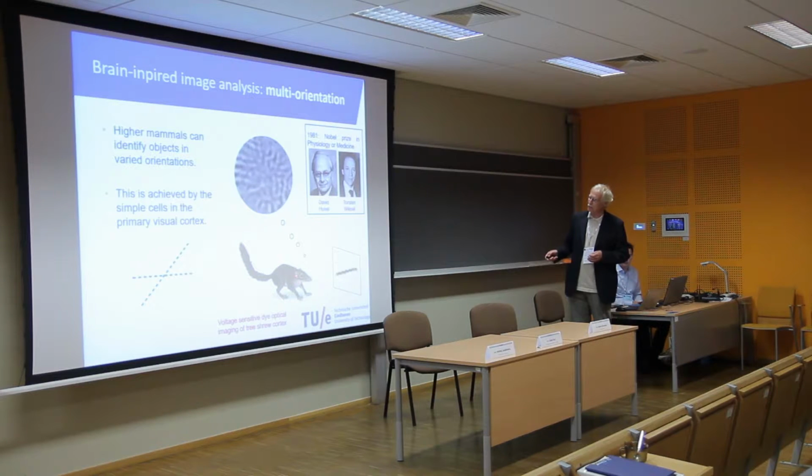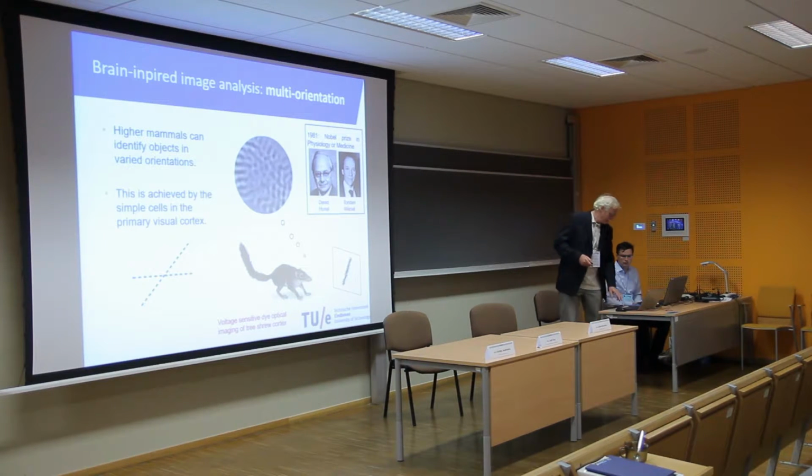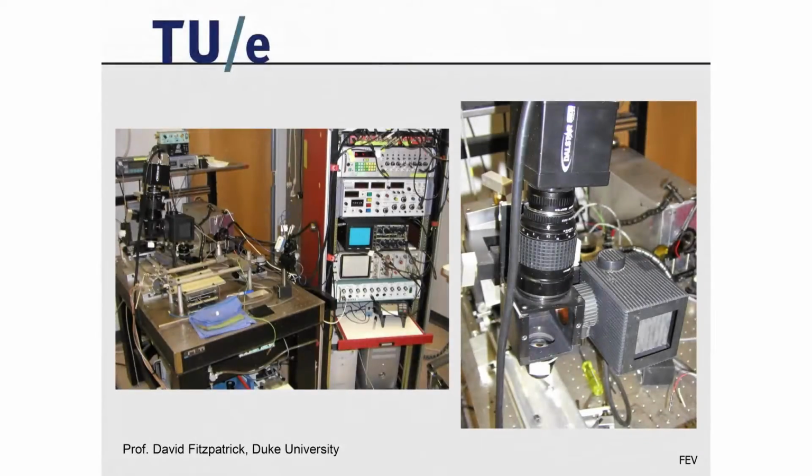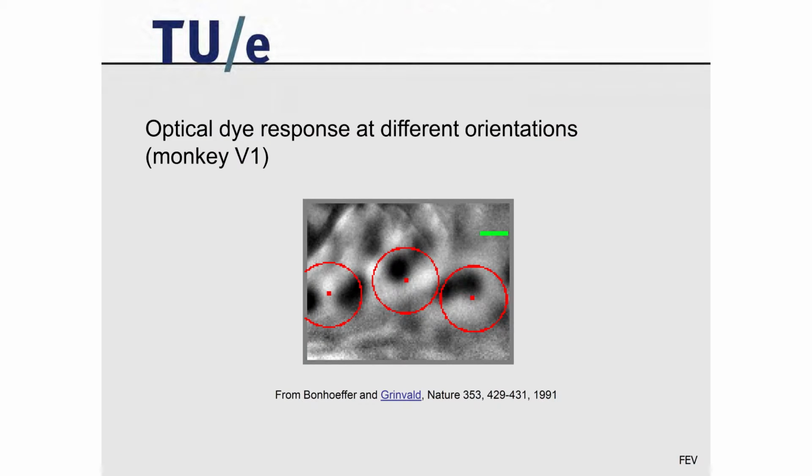It was done in a mouse, when they show lines at different orientation. What a mess. But it doesn't be a mess actually at all if you look very carefully. And we visited this lab. You see here the place where the mouse is located. They have all kinds of cameras and very high resolution, real time. They can see this activity.